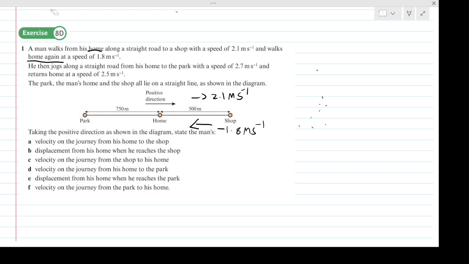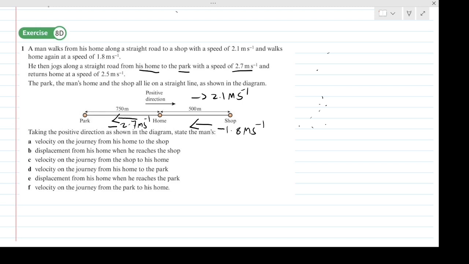Then we're told he jogs along a straight road from his home to the park with speed 2.7. So from the home to the park would be that way, and the speed is 2.7 there. But again, it's the opposite direction to positive, so that would be a negative velocity.